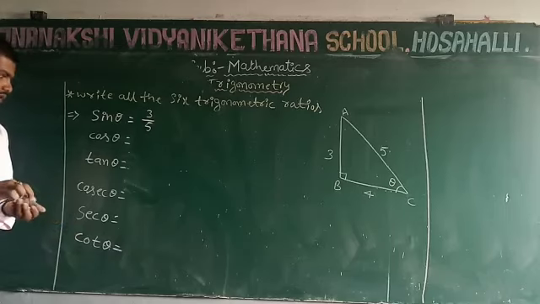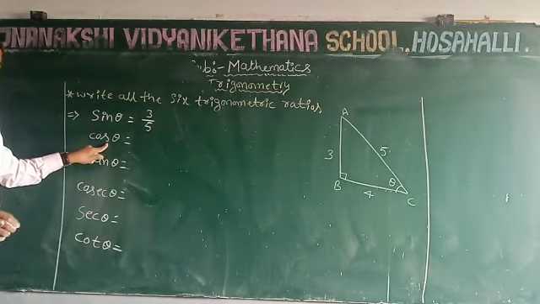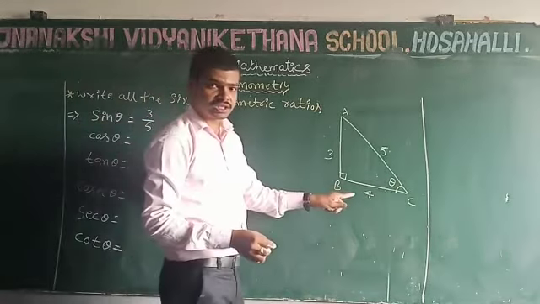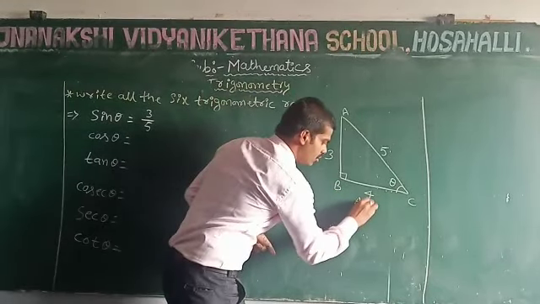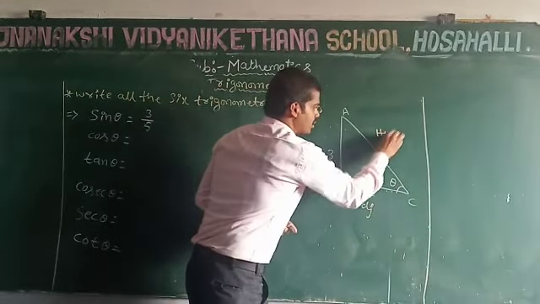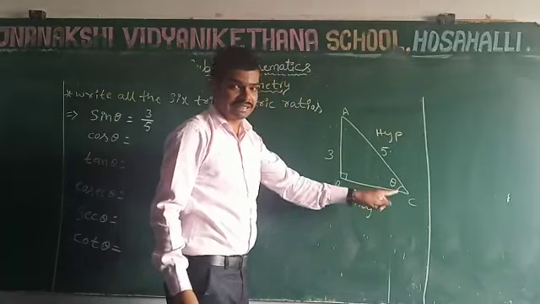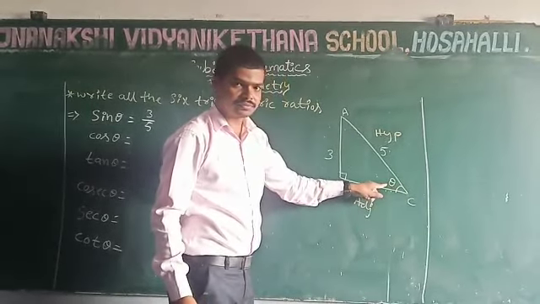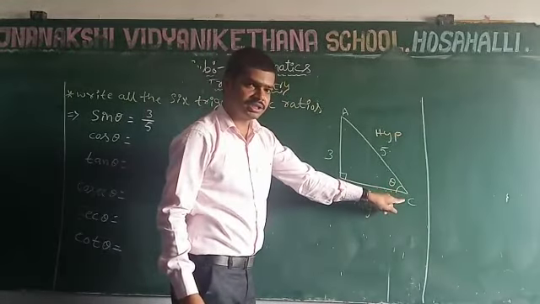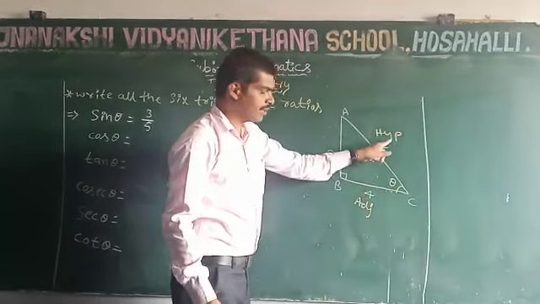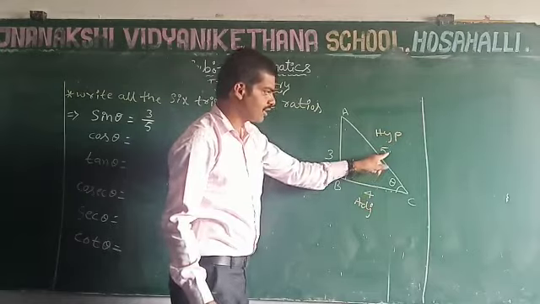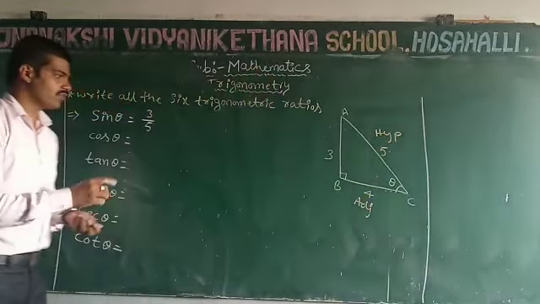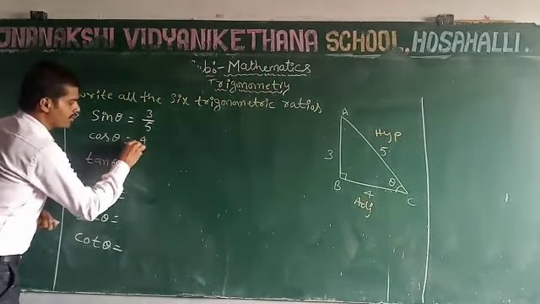Second one, cos theta. What is the ratio of cos theta? Adjacent divided by hypotenuse. We call it cos C also, because angle C is theta here. Therefore, cos C is equal to adjacent divided by hypotenuse, 4 divided by 5.